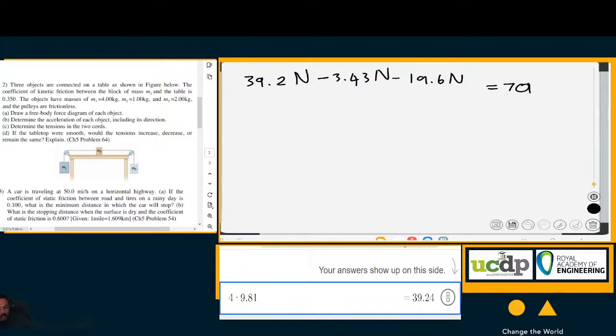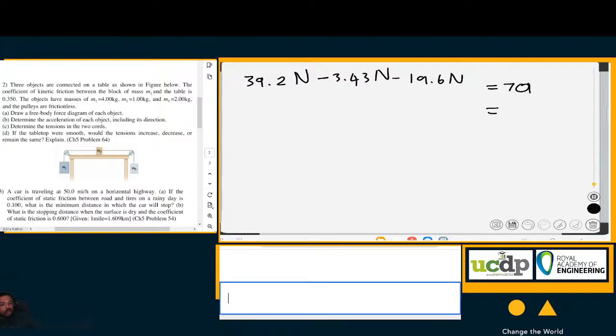Now 39 minus 3.4 minus 19 gives you, if you add that quickly, let's look at what it is. You should be seeing this on your screen.